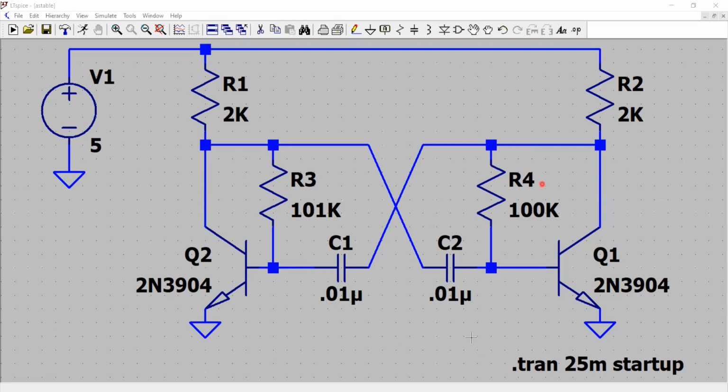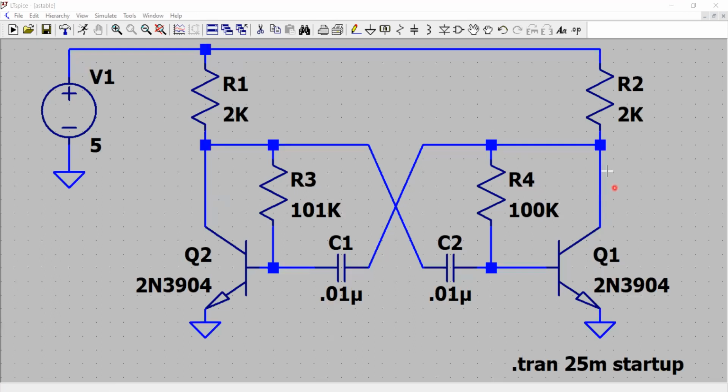So we continue explaining the working behavior of this circuit. From the transistor Q1, we have the load resistance R2, and from the collector pin of the transistor, we use negative feedback and give it to the base through resistor R4.